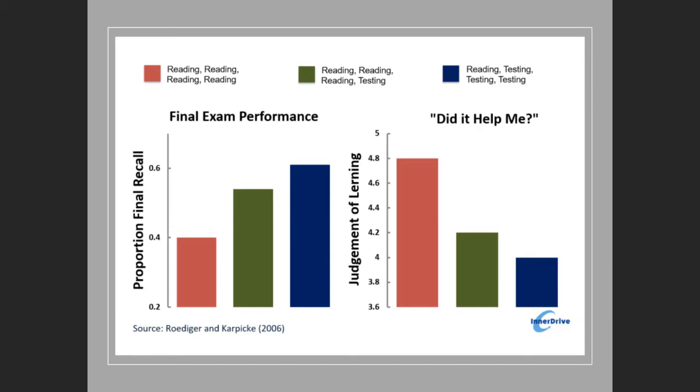And I'm going to broadly summarize the study. So if it interests you, I encourage you to go to the study and learn more about it. But on a broad level, they took 3 groups of students, and the first group, highlighted by this red bar here, were instructed just to reread a passage of content.